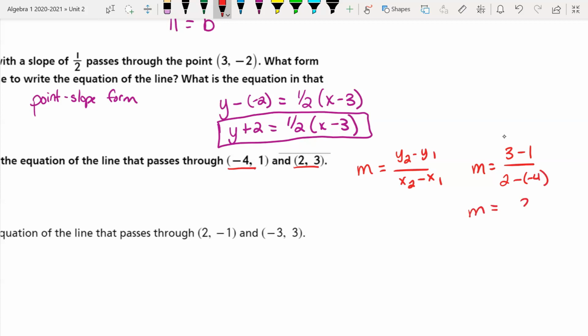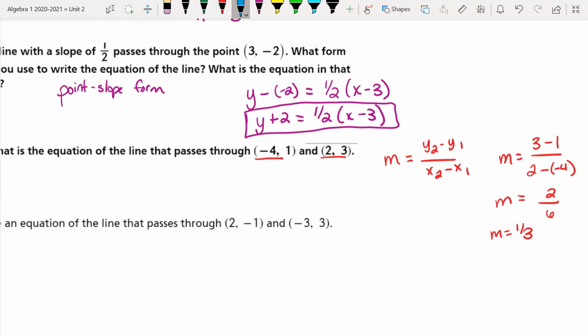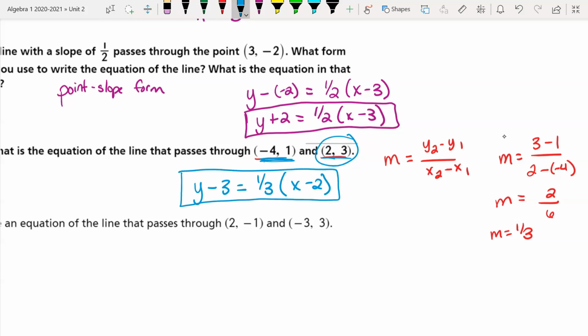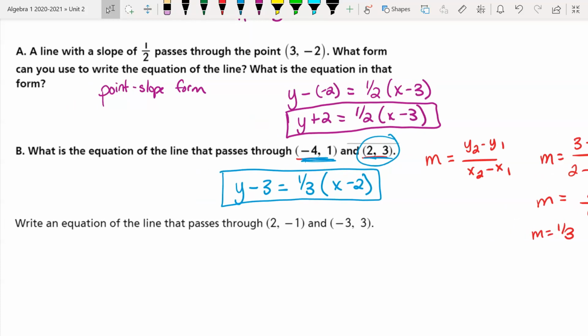So my slope is going to be 2 over, that's going to turn into 2 plus 4 on the bottom, so 6. Let's simplify our slope, we get 1/3. So now I can use either point to write it in point slope form. I'm going to use (2, 3), right? So I'm going to take y minus 3 equals my slope of 1/3 times x minus 2. So we just wrote it in point slope form. That's the equation of that line.